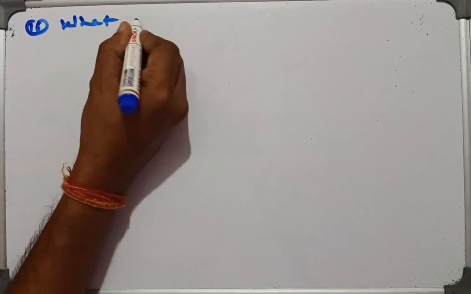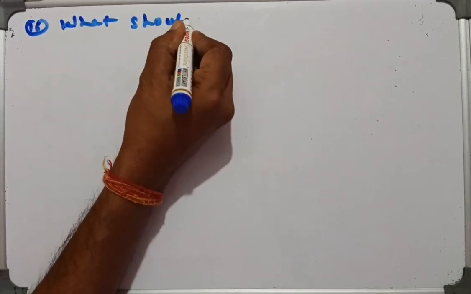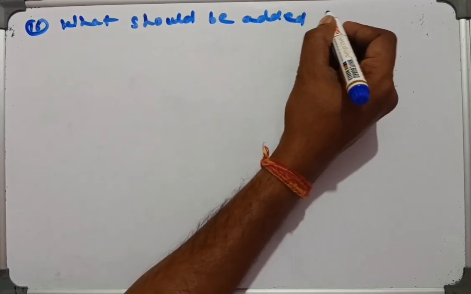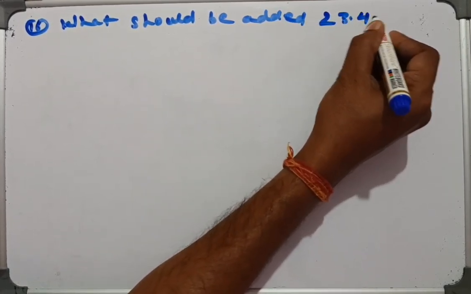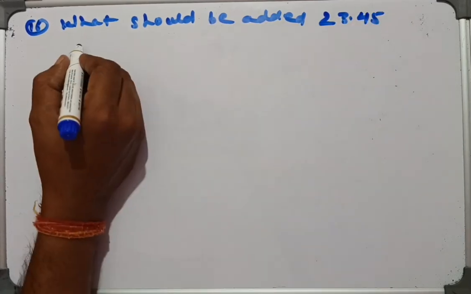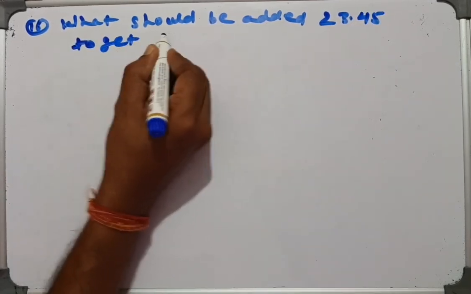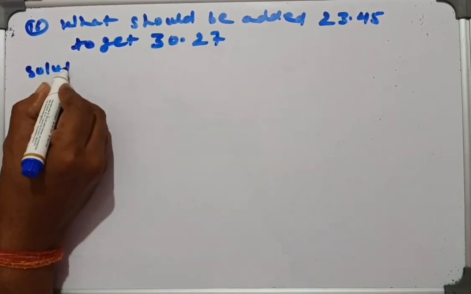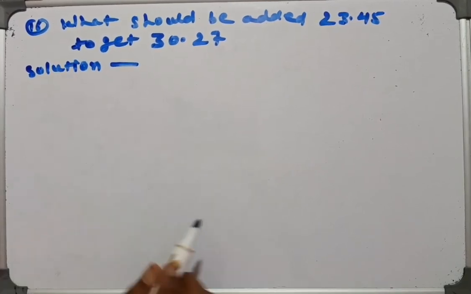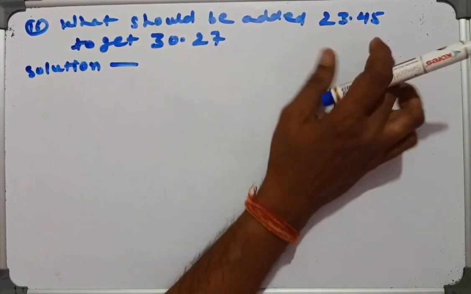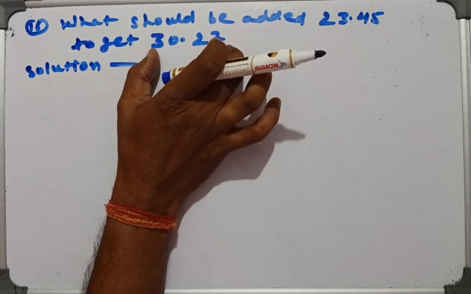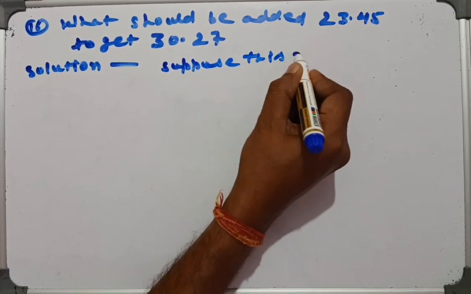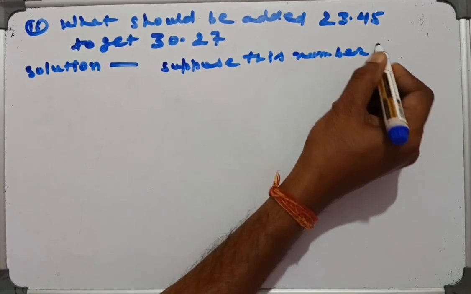Now take a last example, 16. What should be added to 23.45 to get 30.27? Solution. What is the question asking? What should be added to this number so you will get this result? Suppose this number is x.